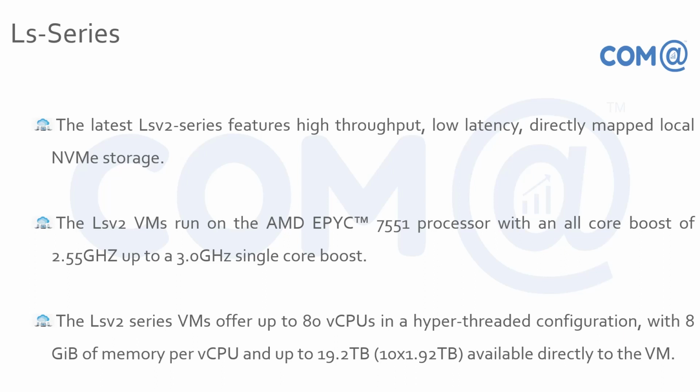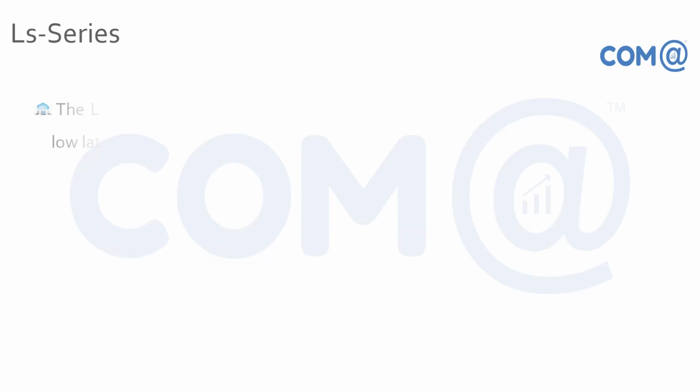The Lsv2 series virtual machines offer up to 80 virtual CPUs in a hyper-threaded configuration with 8 GB of memory per vCPU and up to 19.2 terabytes, that is 10 times 1.92 TB, available directly to the virtual machine.